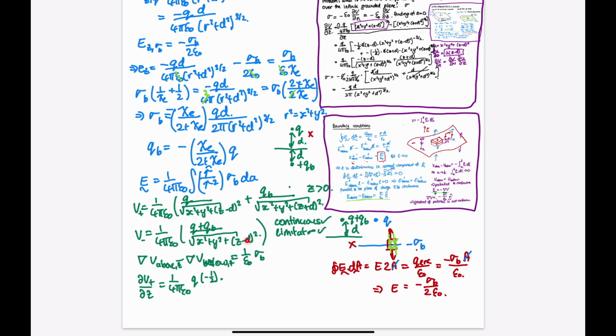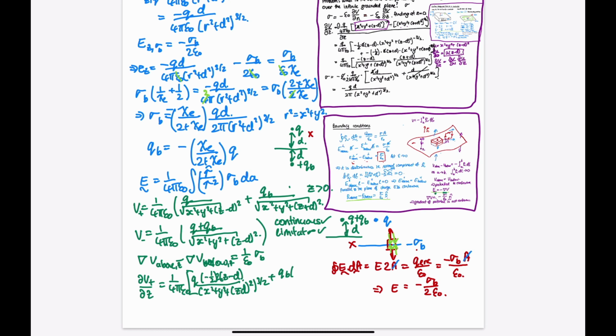So when we take the derivative of this with respect to z, we get 2z minus 2d. So let's put that as 2 times z minus d. And then this is divided by x squared plus y squared plus z minus d squared, to the 3 on 2. And then we've got our next term, which is our QB term, plus QB.